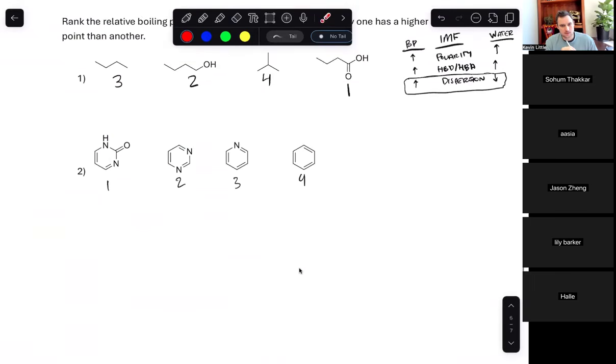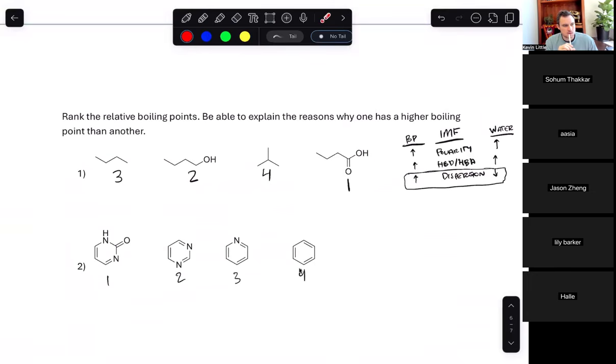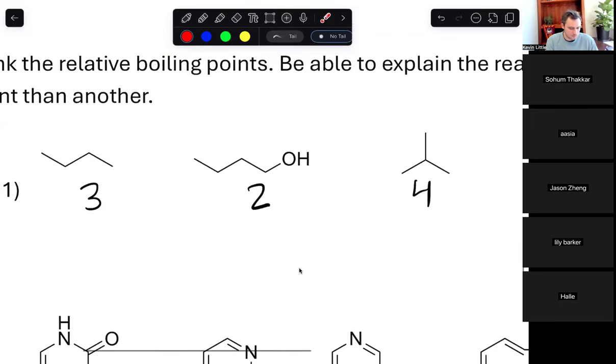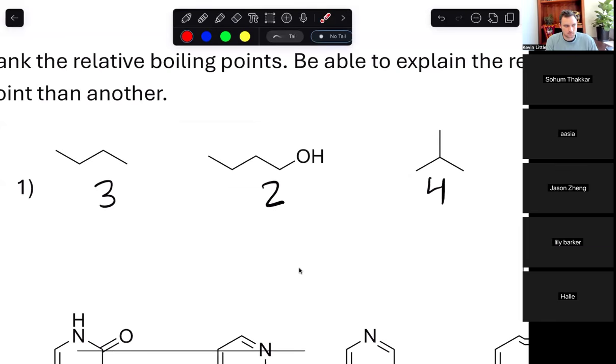Okay, someone asked a hydrogen bond donating question. Even though two stacks better, one has the higher boiling point because of hydrogen bonding. So two has a higher boiling point than three because it has hydrogen bond donating and accepting. They stack pretty equally.